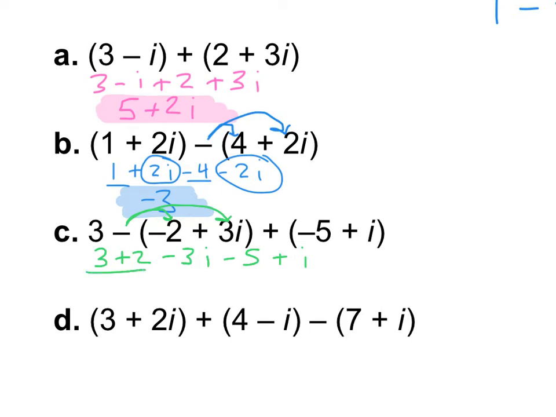So we have the real numbers, 3 plus 2, that would give us 5, and then 5 minus 5 would be 0. And so the real parts here cancel out. And then we look at our imaginary parts. We have negative 3i plus i, so what would that give us? Negative 2i. Negative 2i.